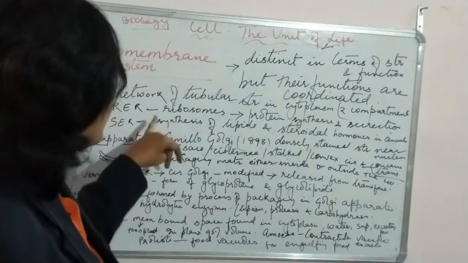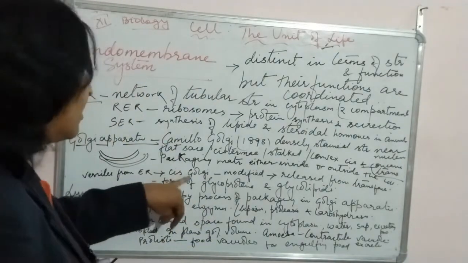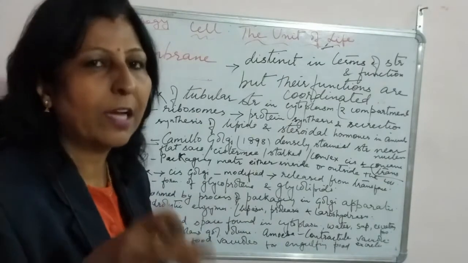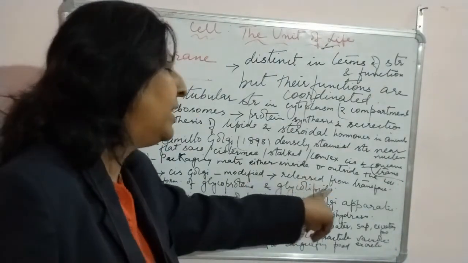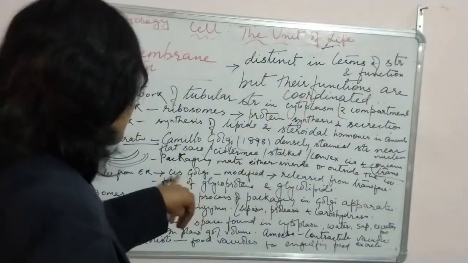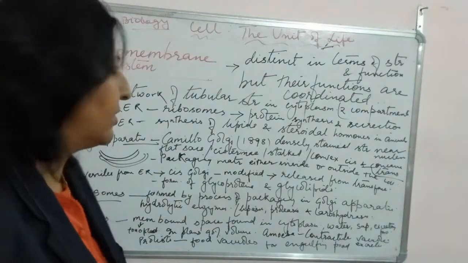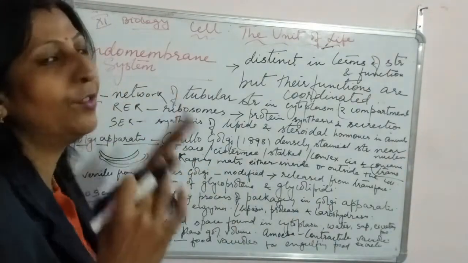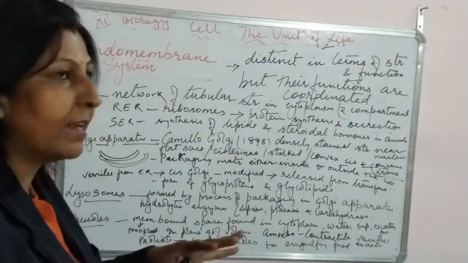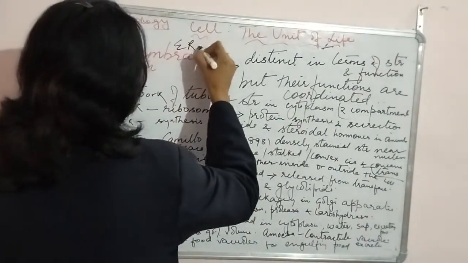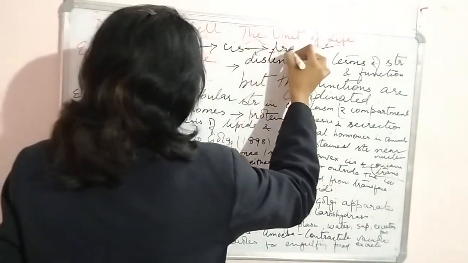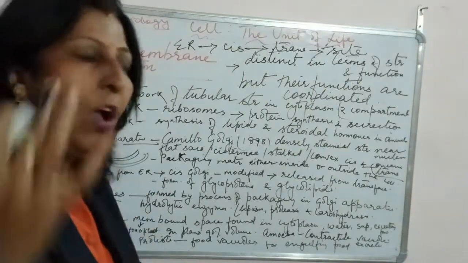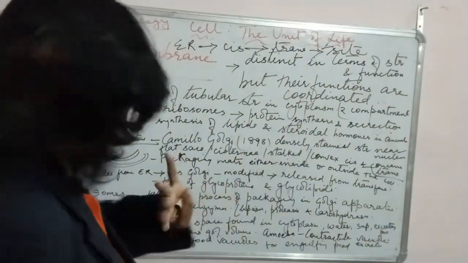Even the lipids synthesized by the smooth endoplasmic reticulum come to the cis face of the Golgi apparatus, then enter into the lumen and get modified if any changes are needed, and then are released from the trans face, the opposite face. The cis face remains very close to the endoplasmic reticulum so that the materials synthesized there can be transferred and packaged. From the cis face it goes to the trans face, and from the trans face to wherever it is required, inside the cell or outside the cell.